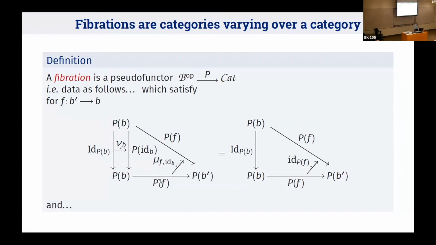And that natural transformation goes into this composite, so I can compose it with this other to get a natural transformation which goes from the same domain to the same codomain as the other. And the request is that these two are equal, but that's not all.